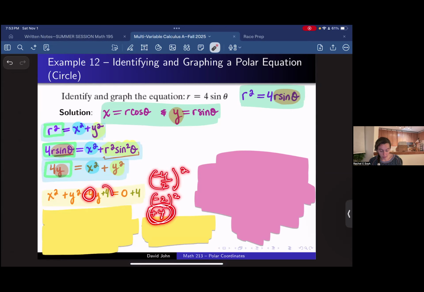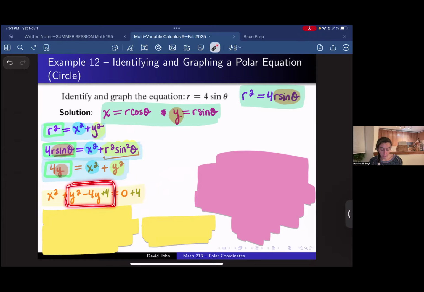And so that's what we are going to add to both sides so that we can now complete the square for our y quadratic function. And that just factors into y minus 2 in parentheses squared. Our x squared factors into just x minus 0 in parentheses squared. And then 4 is the same as 2 squared.